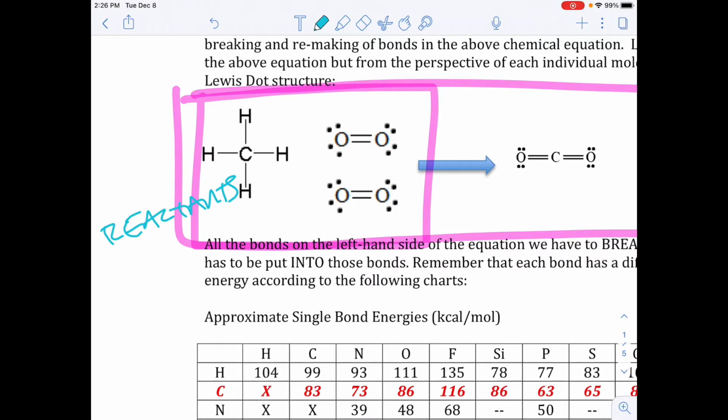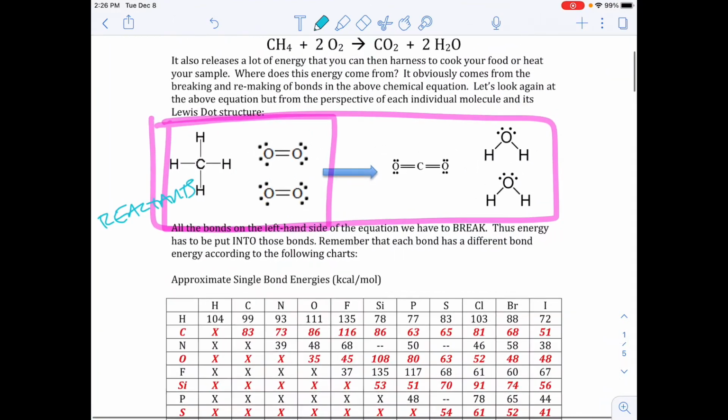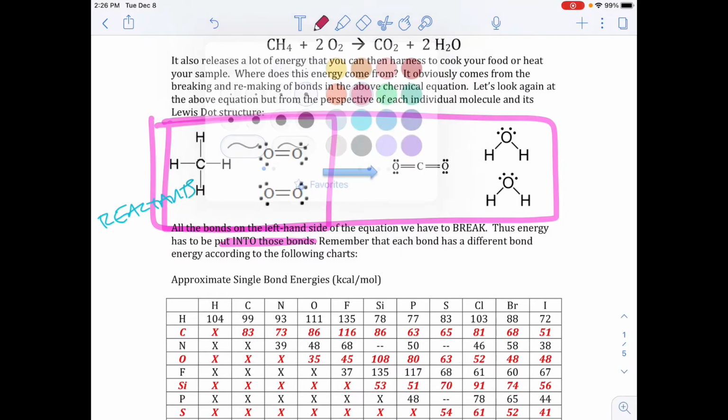A stick is not going to break itself. A match is not going to light itself. In order to break a stick or light a match, you have to put energy into those things. So everything over on this side of the reaction is going to be positive. I have to add energy to that in order to get that reaction to happen.